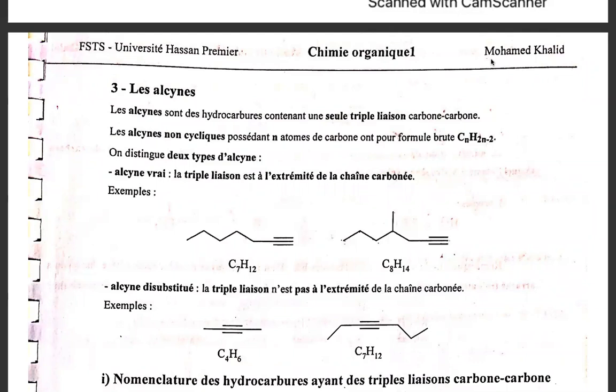So, nomenclature of triple bond alkynes. The simplest alkyne that you have, like we gave in an example last time, is what? The simplest alkyne is acetylene, with a chemical formula of C2H2.